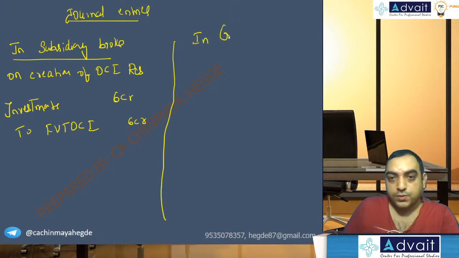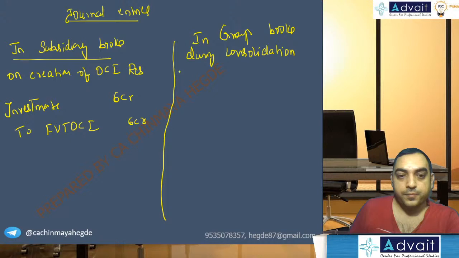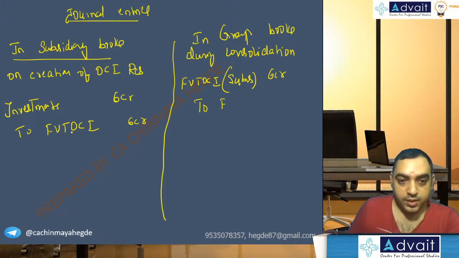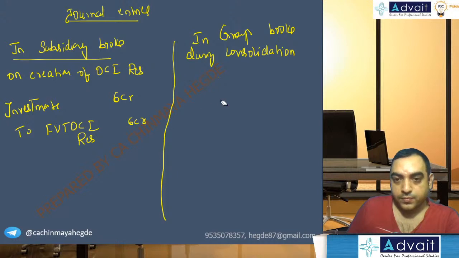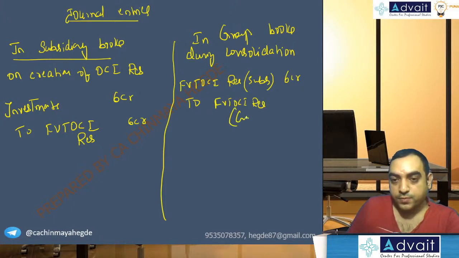Okay, in the group books during consolidation: FVT OCI reserve of the subsidiary company, 6 crores, to FVT OCI reserve of the group, 5.4 crores, and to NCI, 0.6 crores.